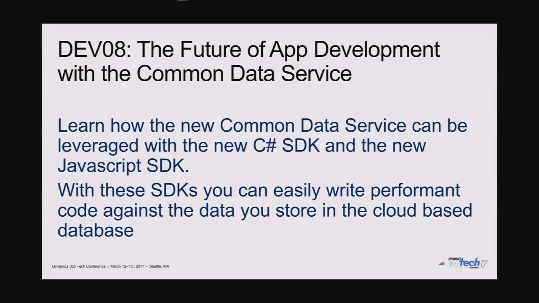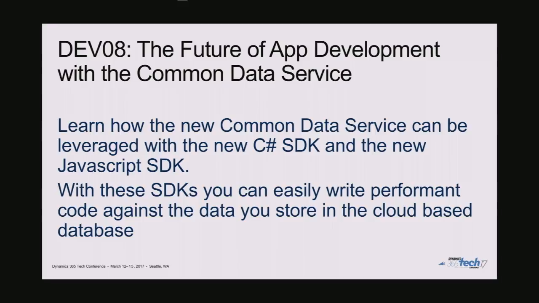These SDKs, as you will learn, are useful when you want to build business logic based on data that's in the cloud in your CDS. Some of the business goals that we're going to talk about pertain to both the C# and JavaScript SDKs that we're building, and in fact, any language binding that you could think of.